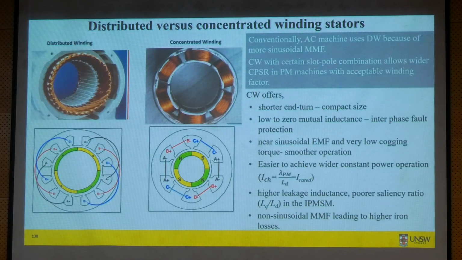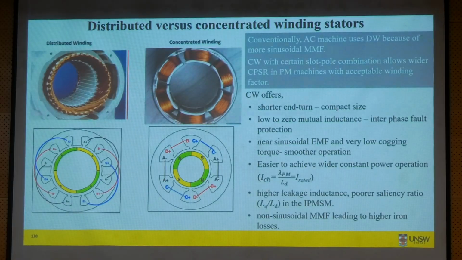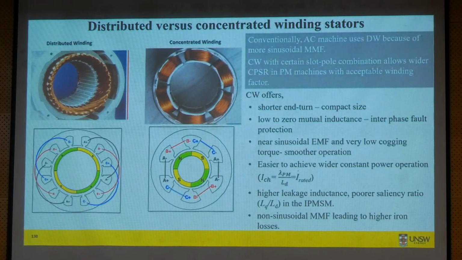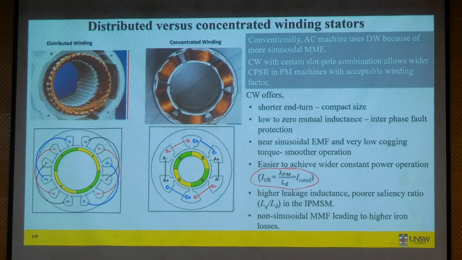And then the advantages and disadvantages, we talk about distributed and concentrated winding, so you can see the difference between them. Why the concentrated winding can provide flux weakening also in SPM is the concept that comes from here. It's called characteristic current.